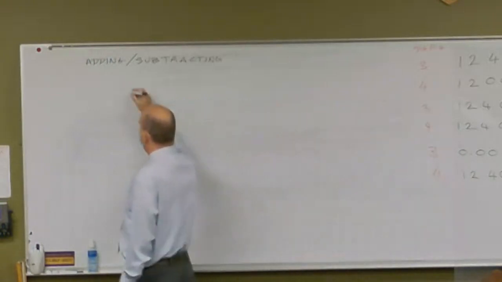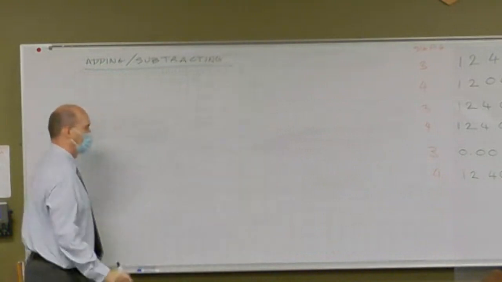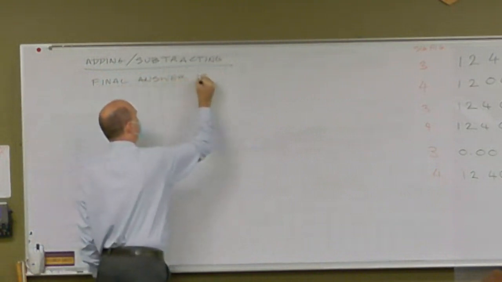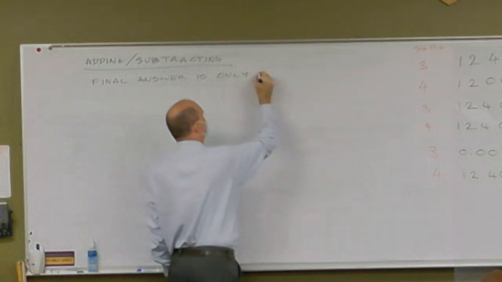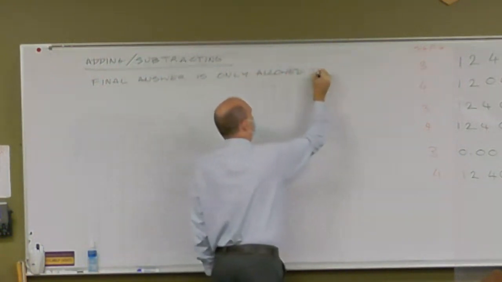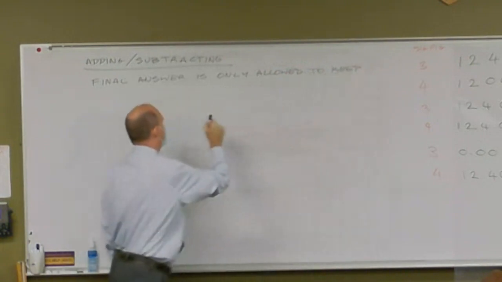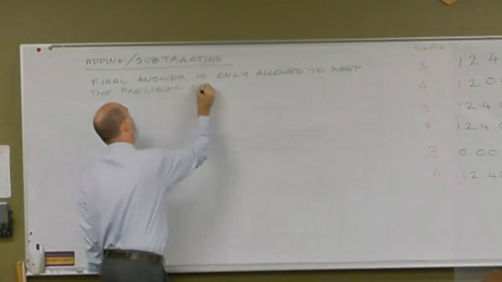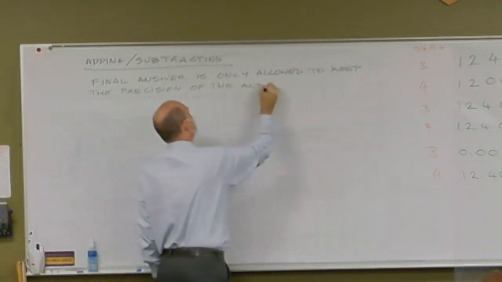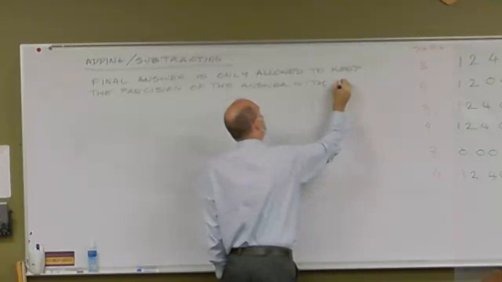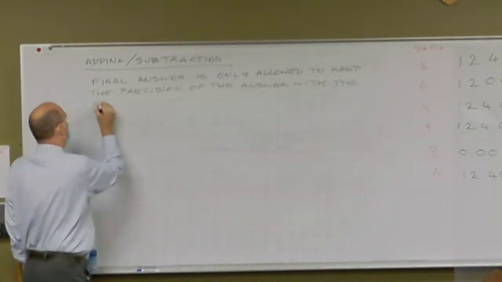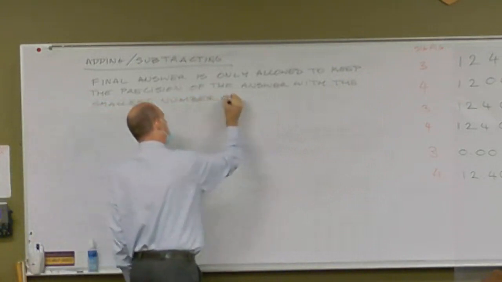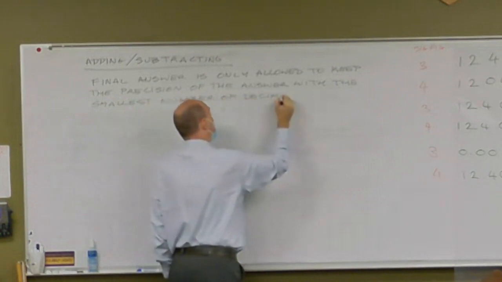When you add or subtract, your final answer is only allowed to keep the precision of the answer with the smallest number of decimal places.